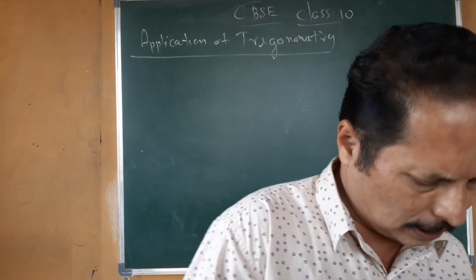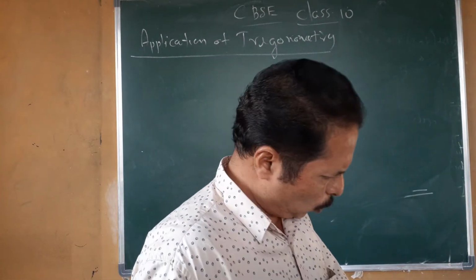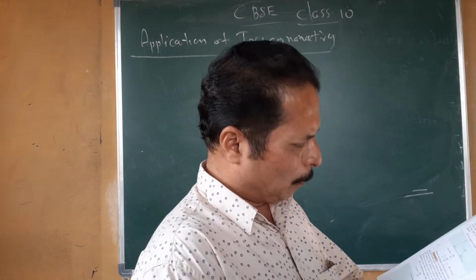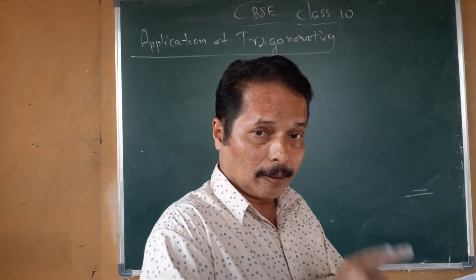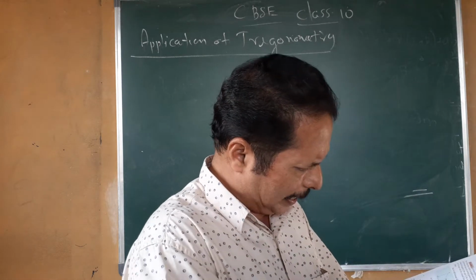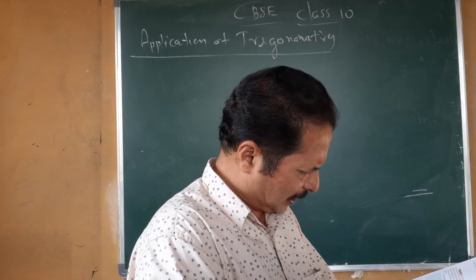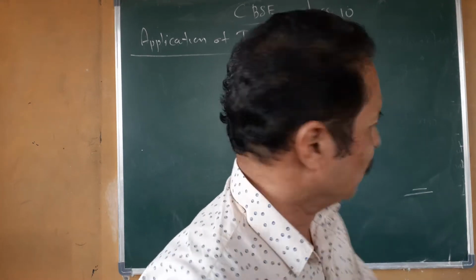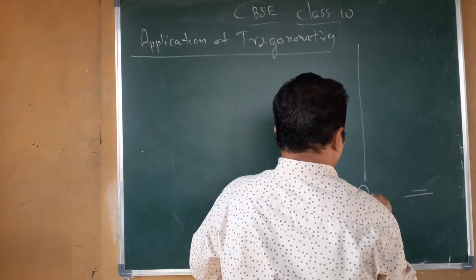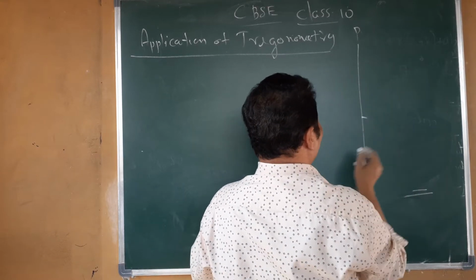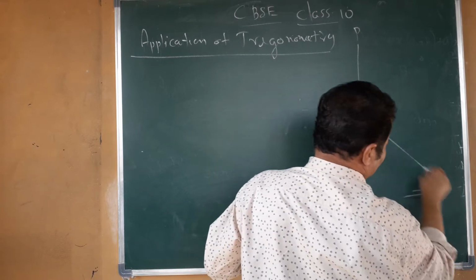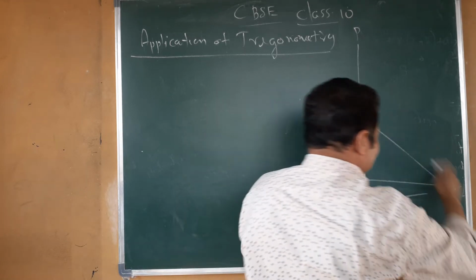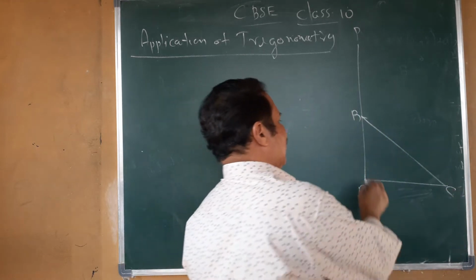It's easy. Actually, this chapter is also very easy. So, next question number 2. A tree breaks due to storm and the broken part bends so that the top of the tree touches the ground, making an angle 30 degree with it. Actually, this is the tree. It breaks somewhere here and it touches the ground at C. Breaks here and touches here. This is the given figure.